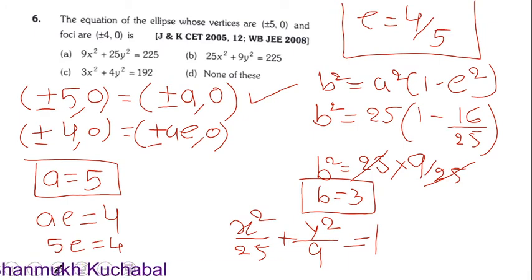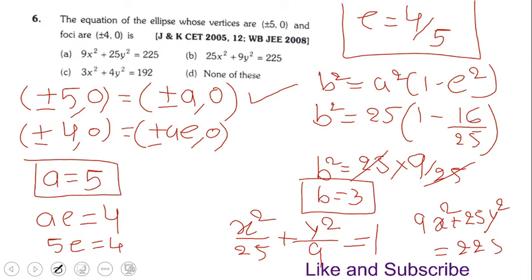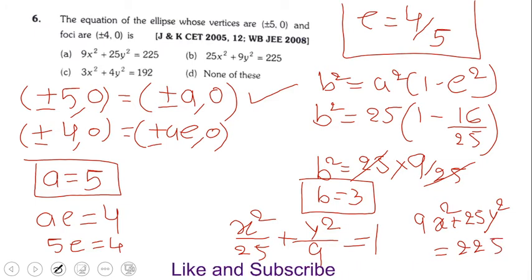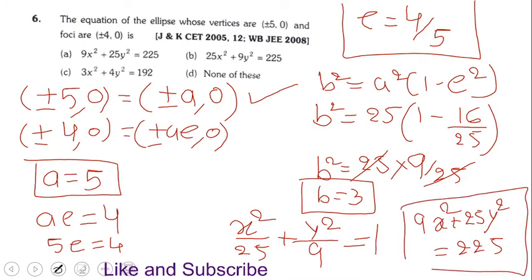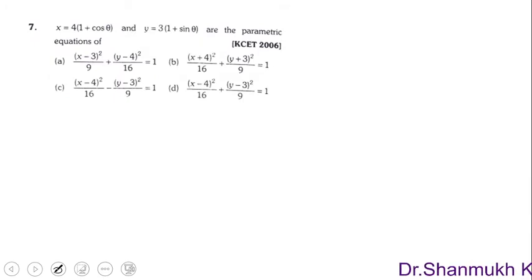So cross multiply, 9x square we get, then 25y square equal to 25 into 9, 225 we are going to get here. So clearly we will observe that this option is there in option A, 9x square plus 25y square equal to 225. Okay, we will move to our next example.